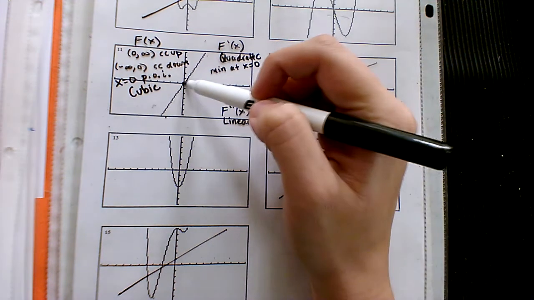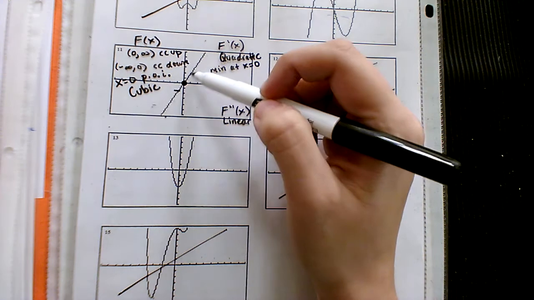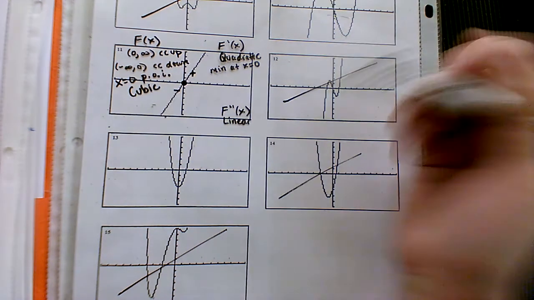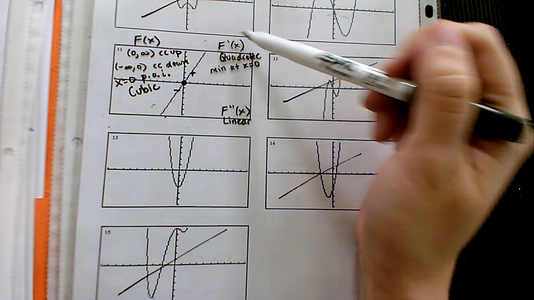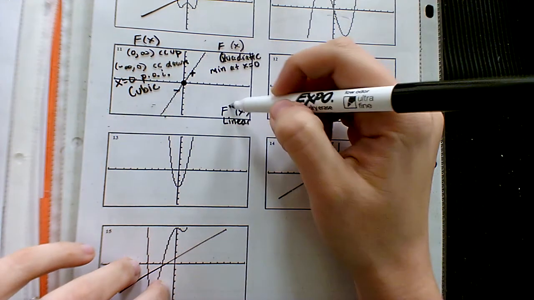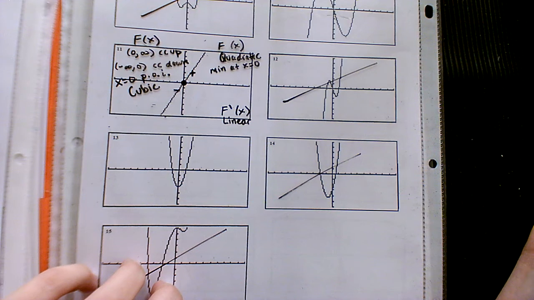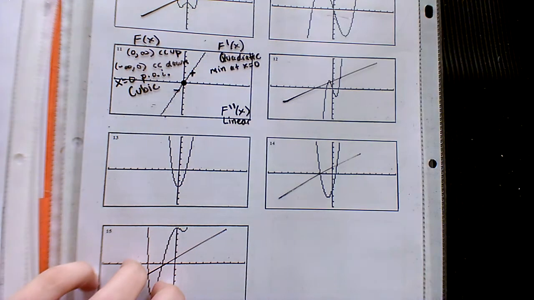All right, so notice how this is a value of 0. You go from negative to positive. So this is essentially a derivative graph in relation to the first derivative. If you take a prime mark away, you can kind of see how that would make sense. Okay, so min at 0.